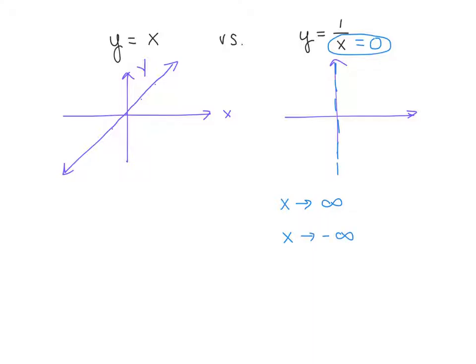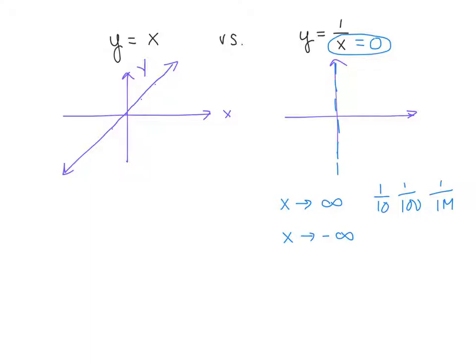As x approaches infinity, that's a really big number. If you think about 1 divided by 10, 1 divided by 1,000, 1 divided by 1 million, we can see this is going from 0.1 to 0.01 to 0.000 with many zeros and a 1.